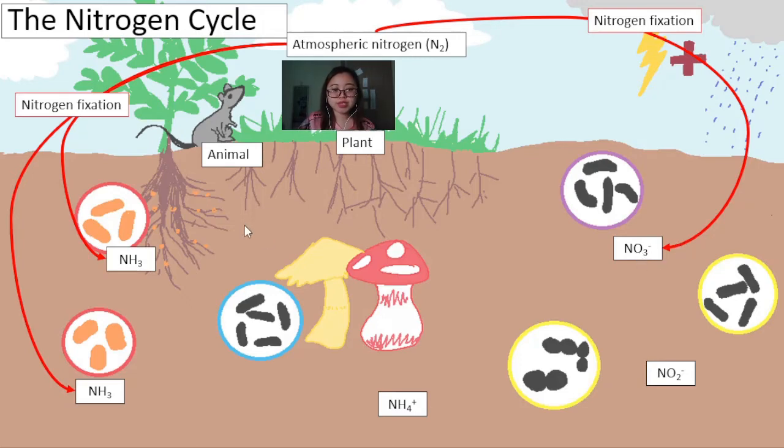Now, what happens after we get ammonia? Ammonia can undergo ammonification by bacteria to form ammonium. So, kalau ada bakteria yang sesuai di dalam tanah itu, dia akan ambil NH3, laksanakan ammonification, dan hasilkan NH4+, which is ammonium.